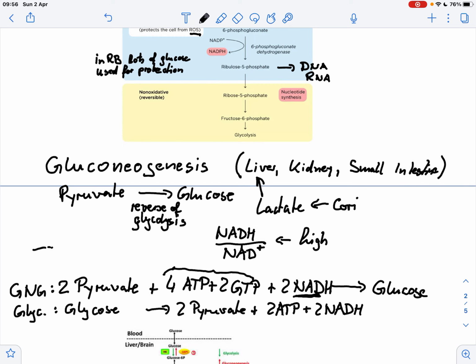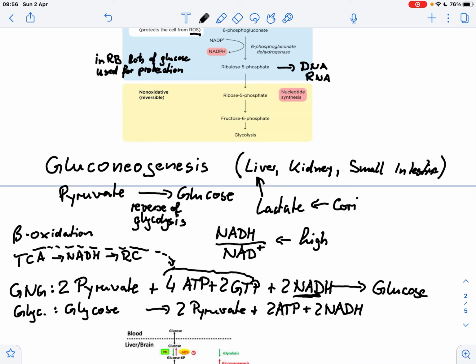Where does the ATP come from? Well, of course, this ATP comes from other processes, like, for example, the beta oxidation of fatty acids, which go into the TCA cycle and which then produces more NADH, which then also goes into the respiratory chain and produces additional ATP.